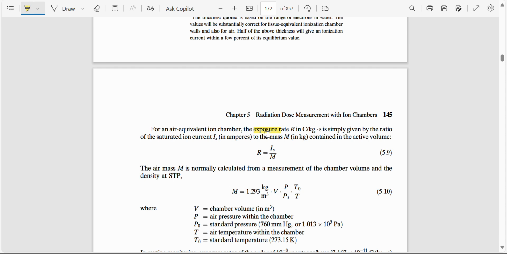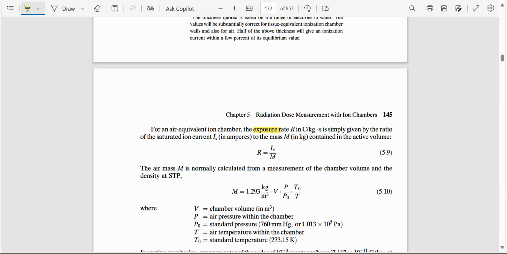Basically, the charge produced per unit mass is called exposure. The charge produced per unit mass of the radiation, like gamma ray, is called exposure.